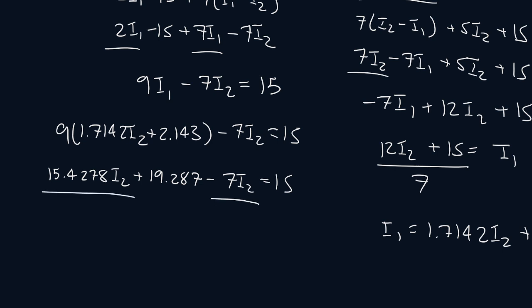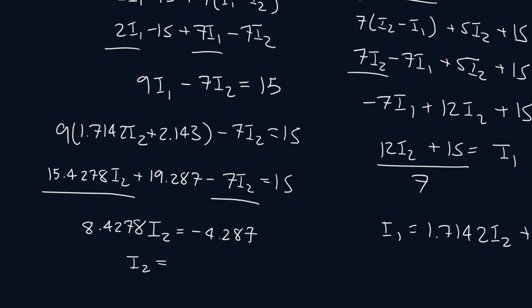Collect like terms. 15.4278 minus 7, that's 8.4278. Let's bring this 19.287 to the other side. So it'll be 15 minus 19.287. So it's minus 4.287.